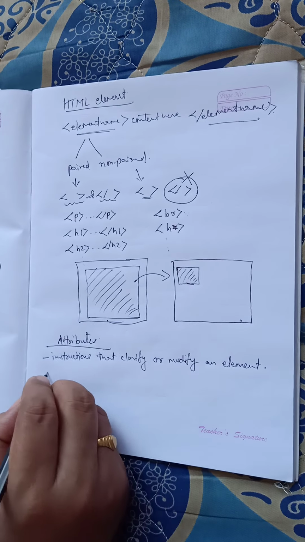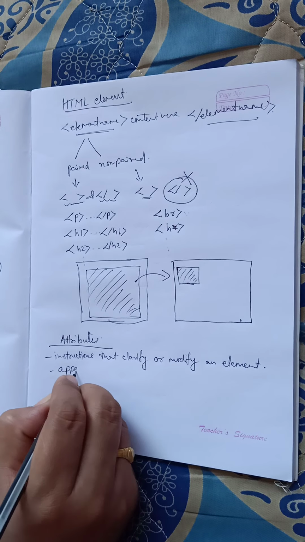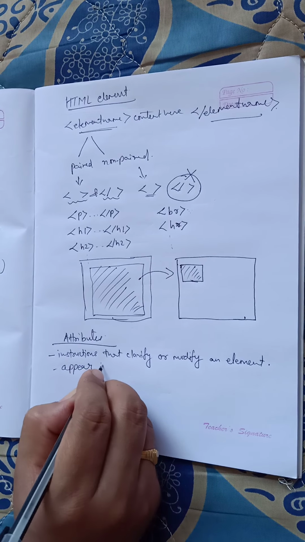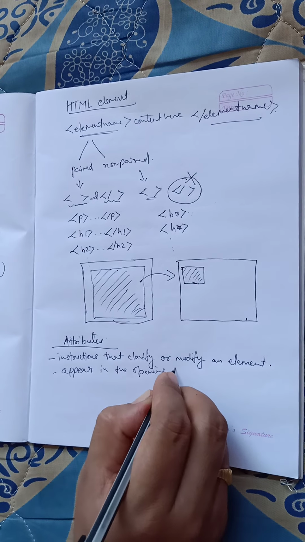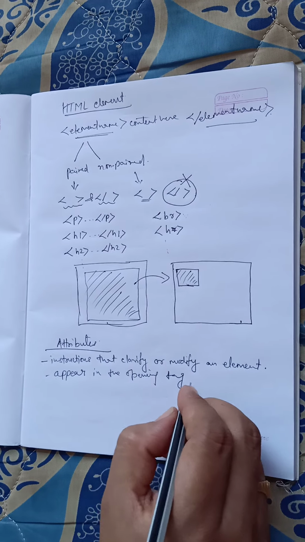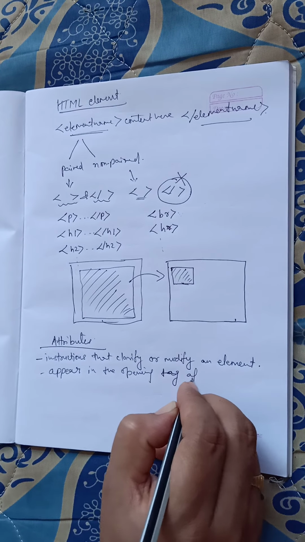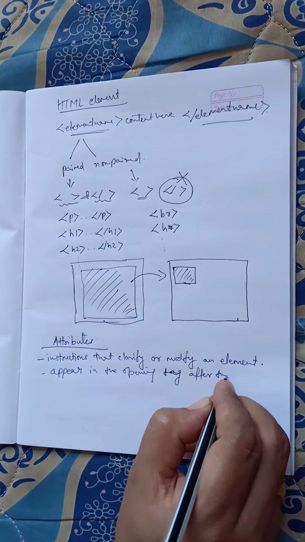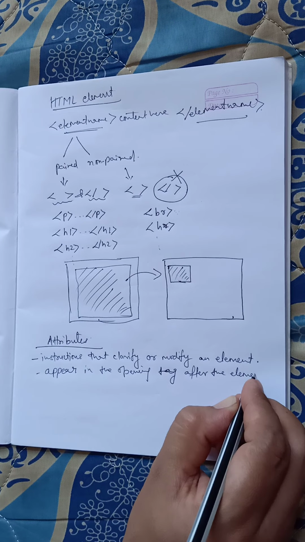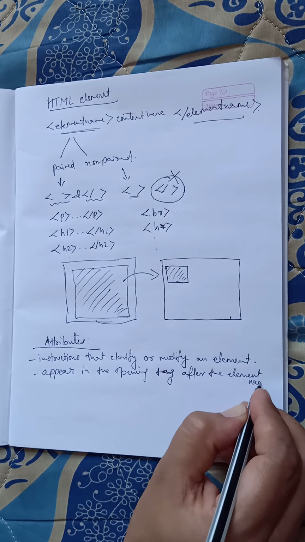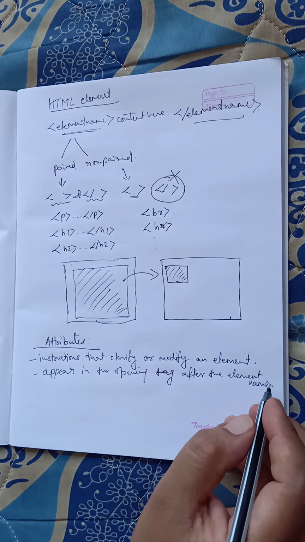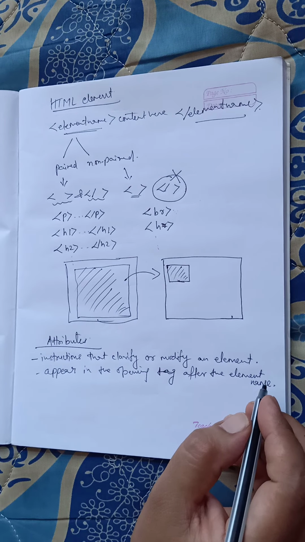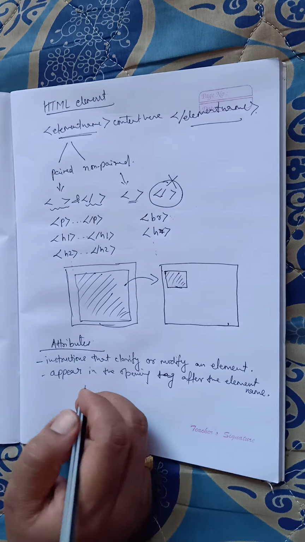So where do they appear? They appear in the opening tag, after the element name. So we'll be writing the element name, and after that we mention the attribute.